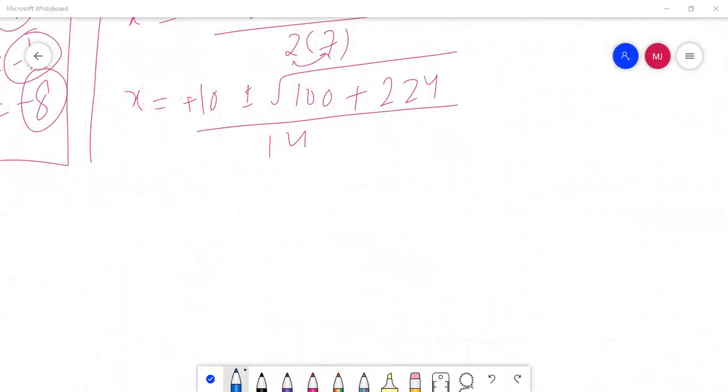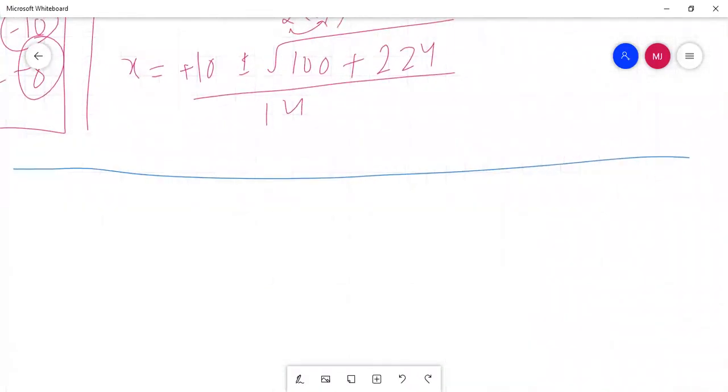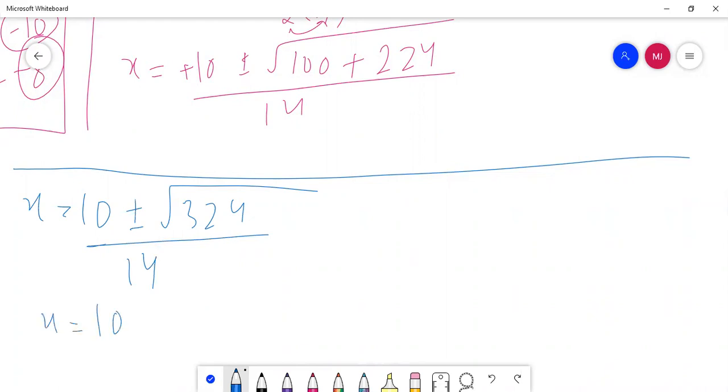So x becomes 10 plus minus square root 100 plus 224 will give me 324, upon 14. x is equal to 10 plus minus square root of 324 is 18, upon 14.